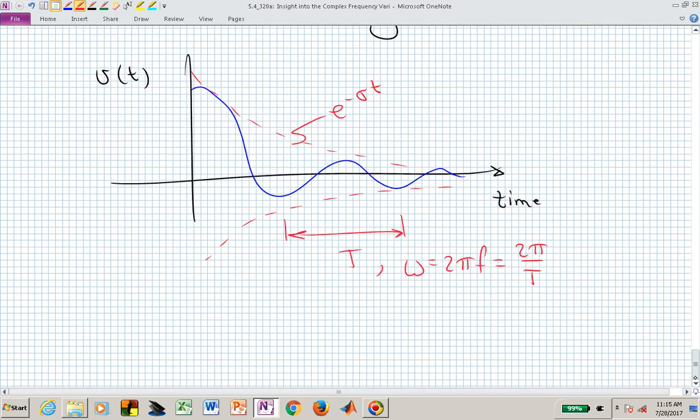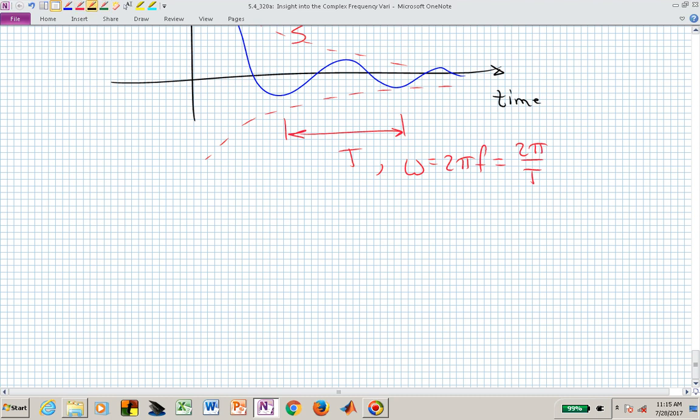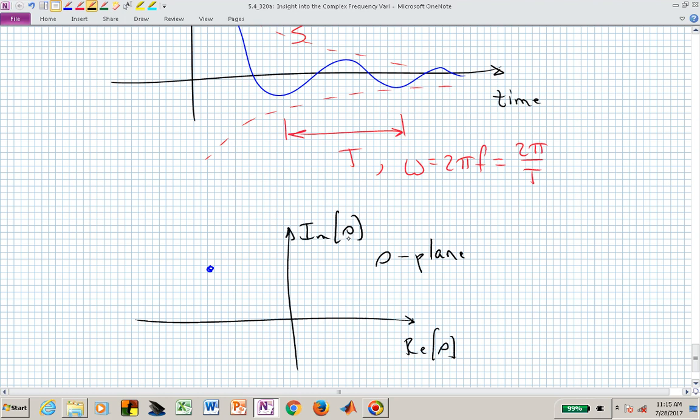And that now says that if we have a value of s over here in the complex s plane, now we have a real part, let's say, of minus 4, and an imaginary part of 2, so it's j2.